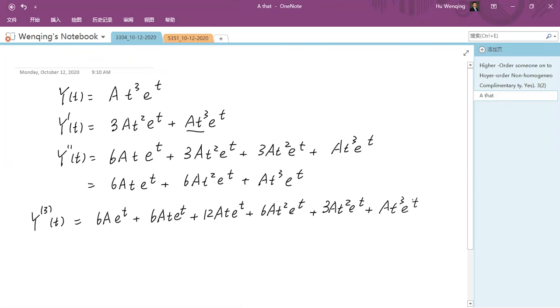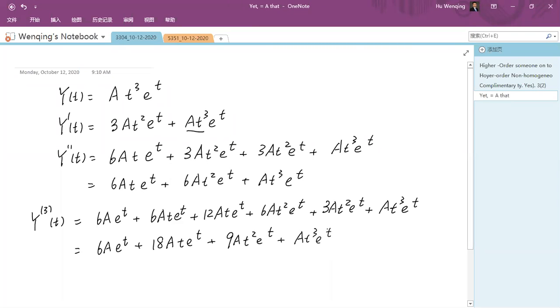So you have all these things. Therefore, if you collect those terms, it's 6 times a e power t. There's a 6a and 12a, so that's 18 times a t times e power t. Plus here, a t squared is 9 times a times t squared e power t, and then plus a t cubed e power t.